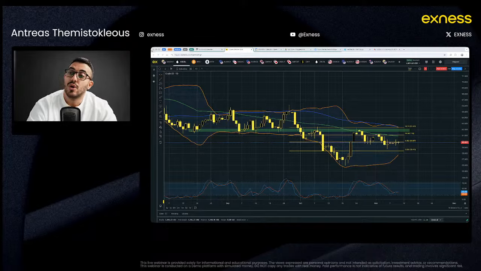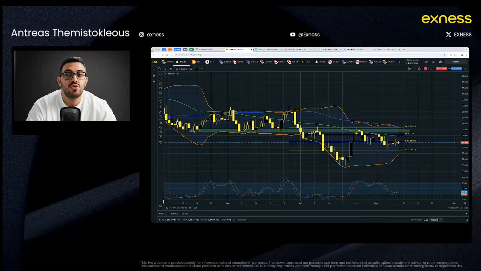What I like to do is, after the rally, it usually tends to correct around the 38.2% Fibonacci retracement level. In some extreme cases, it might go down to the 50 or even 61.8 if the correction phase is very strong and very aggressive.